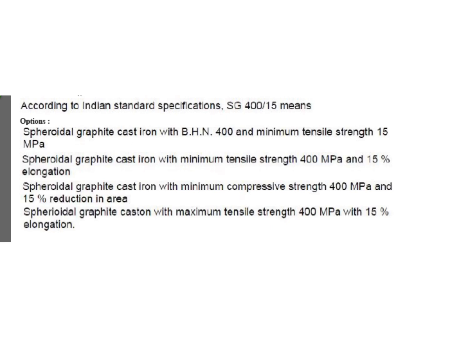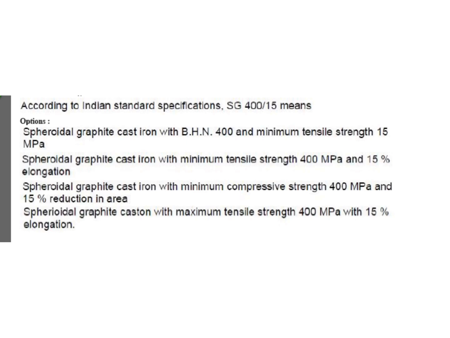According to Indian standard specification, SG 400 by 15 means what? SG represents spheroidal graphite cast iron. 400 represents minimum tensile strength. And 15 represents percentage of elongation.